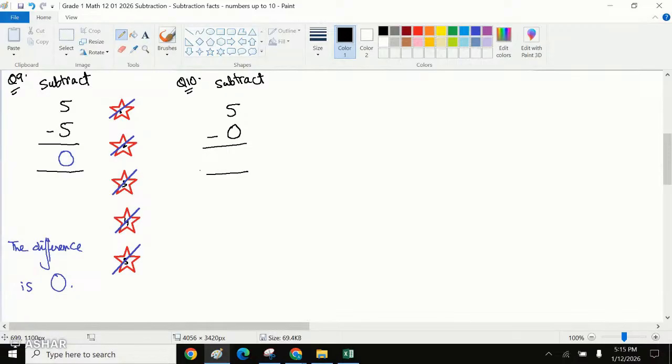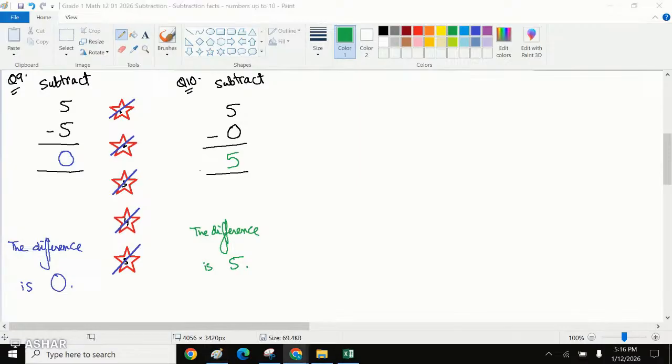We would be left with 5 because we subtracted a 0. So this means that if ever you are subtracting 0 from any number, 0 will not change that number, right? So we say that the difference in this case is 5.